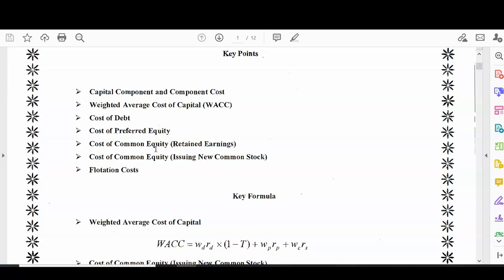For cost of common equity, there are cases where we calculate the cost of common equity for retained earnings, and there are cases when we calculate it when we're issuing new common stock. For new common stock, we would have an additional cost, which is called flotation cost.